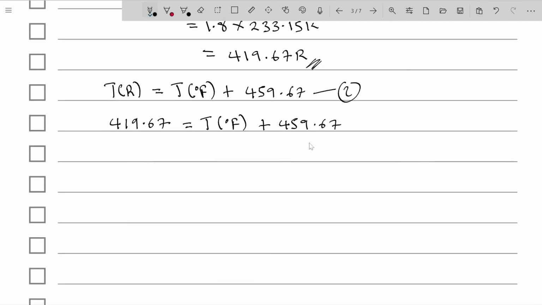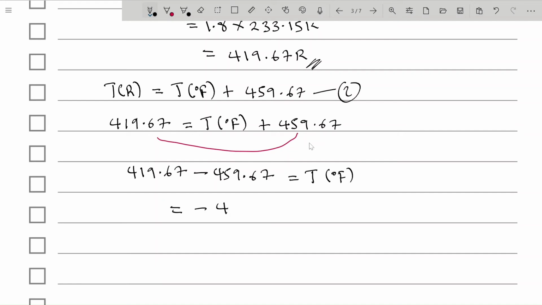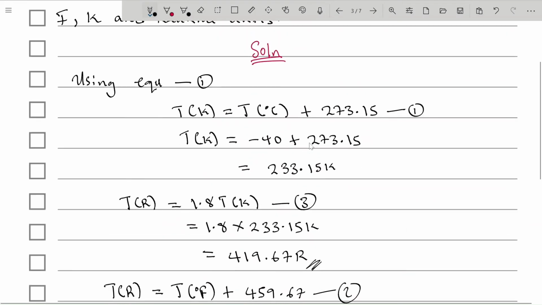Now, when this crosses the equality sign, it changes to minus, which is 419.67 minus 459.67 is equal to temperature in degree Fahrenheit, which is equal to minus 40 degree Fahrenheit. So this is our answer.